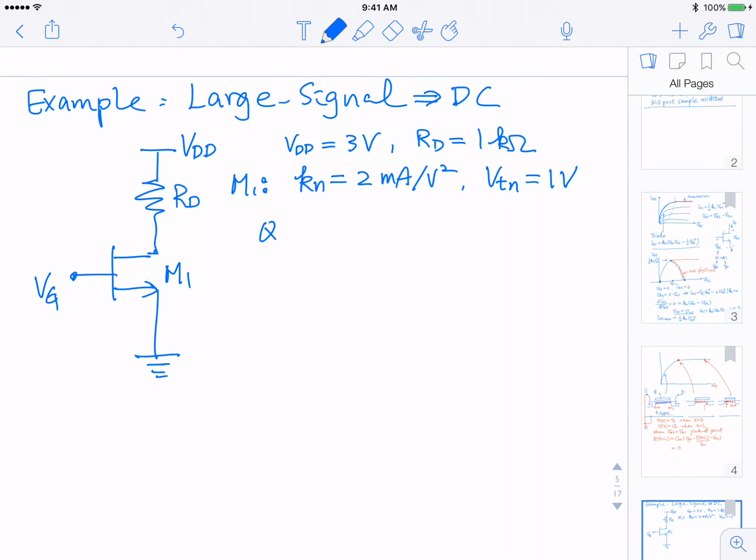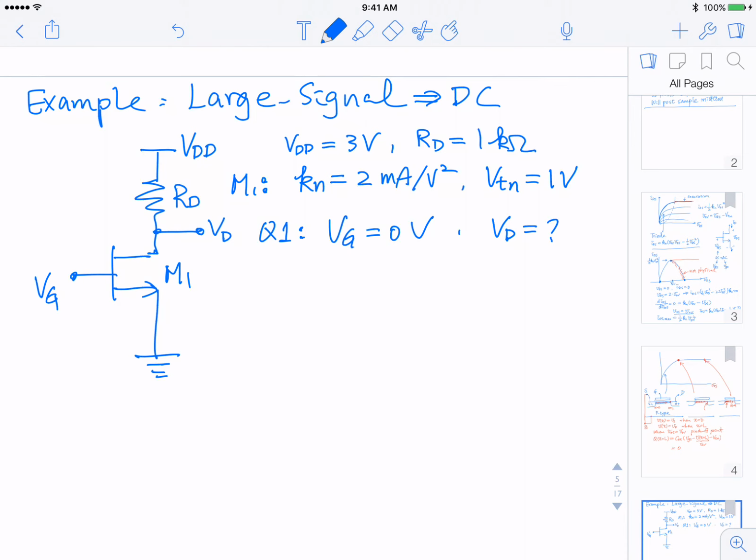Question 1, for example, if Vg is 0 volt, what regime does this transistor operate in? And what is the drain current? And if this is output Vd, what is Vd here? So if the gate is 0 volt, which mode is the transistor in? Cutoff.